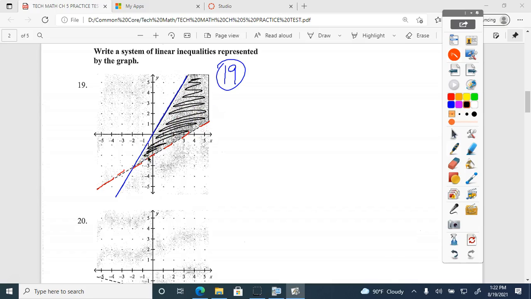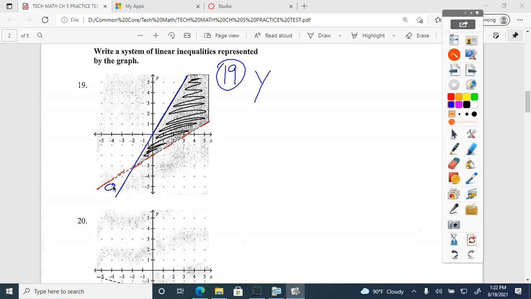So for the blue one, are we shaded above the blue one or below the blue one? Below. Everywhere is shaded below the blue one. There's this little section right here that's not shaded at all, and it's above the blue line. Everybody see that?